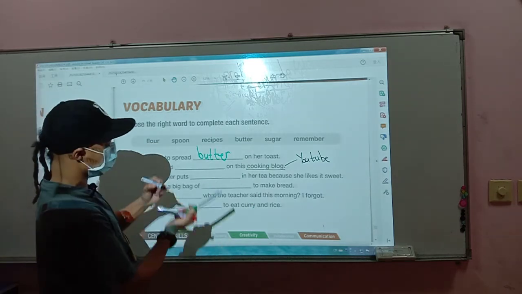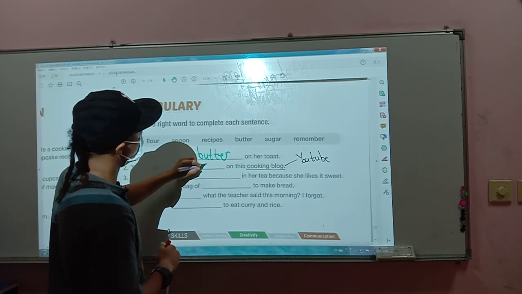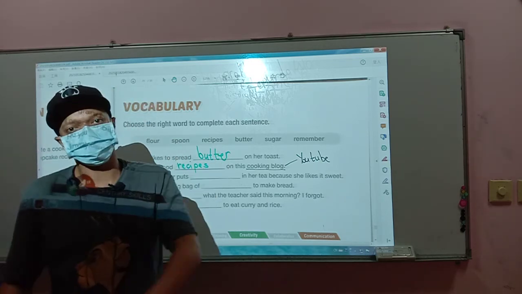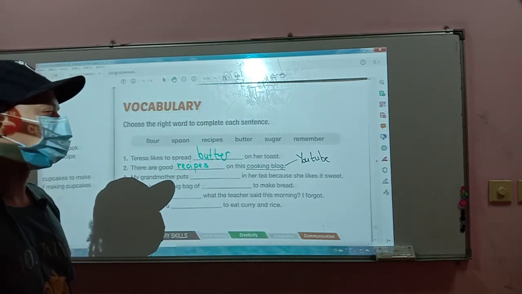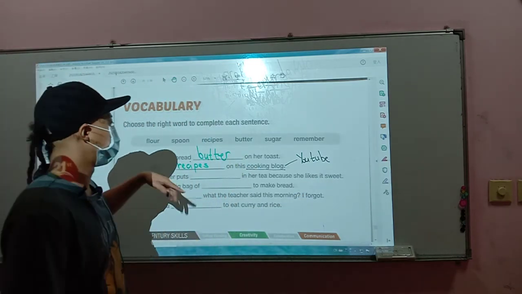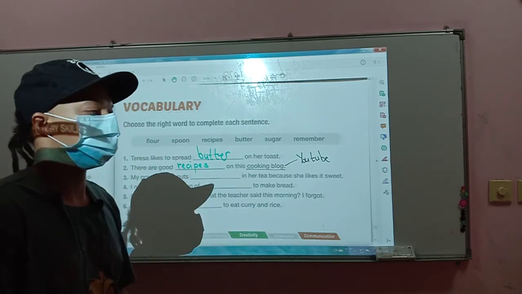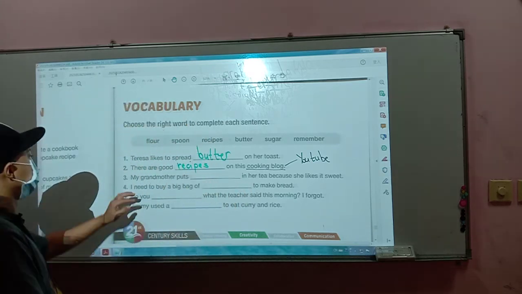There are good recipes, right? They teach you how to cook. Back in the 1800s, they didn't have YouTube, so what they used back then was books. But today we use the internet and computers to do our reading, okay?